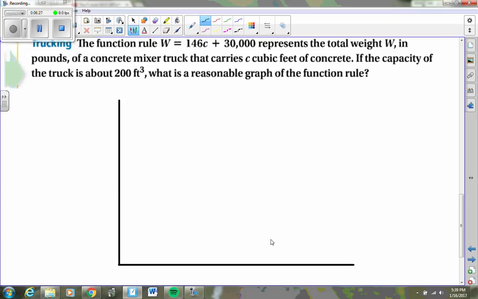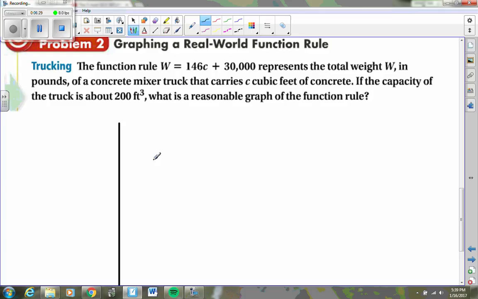Okay? So this situation is exactly one of those situations where we're talking about the function rule W equals 146C plus 30,000, which represents the total weight W in pounds of a concrete mixing truck that carries C cubic feet of concrete. Okay?